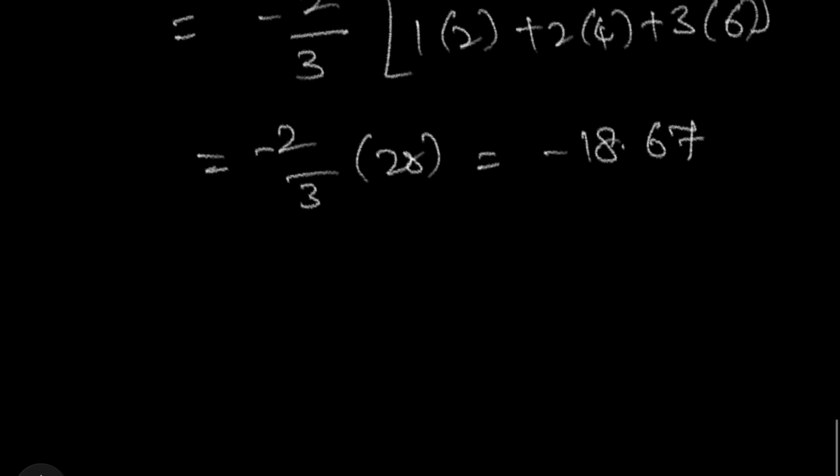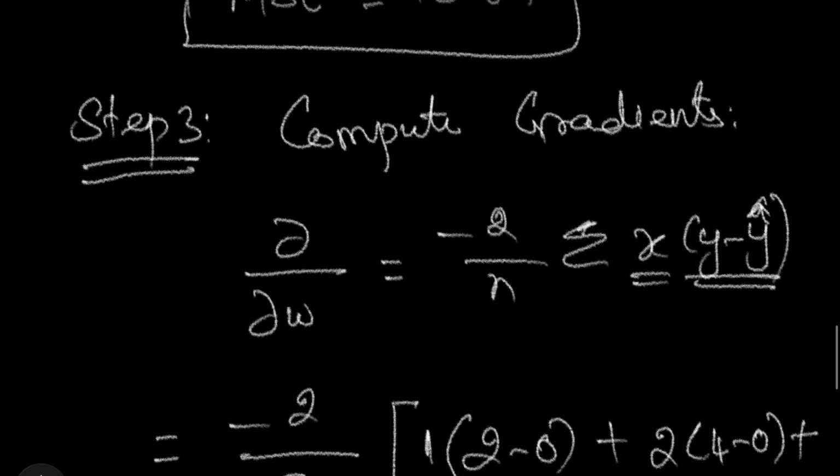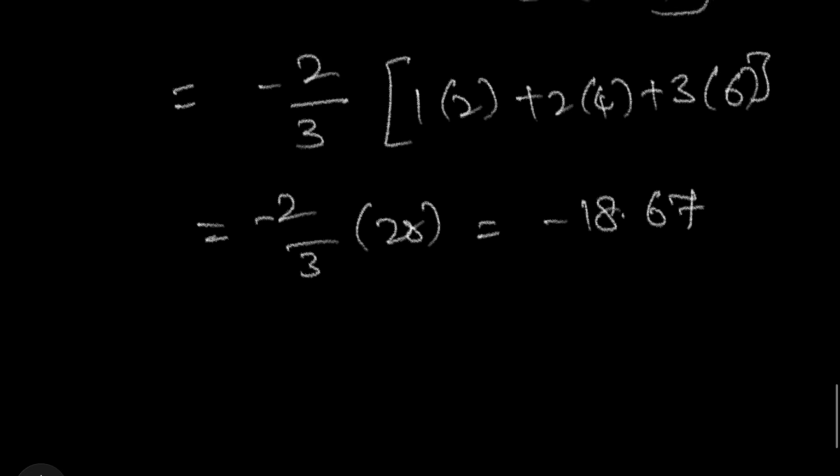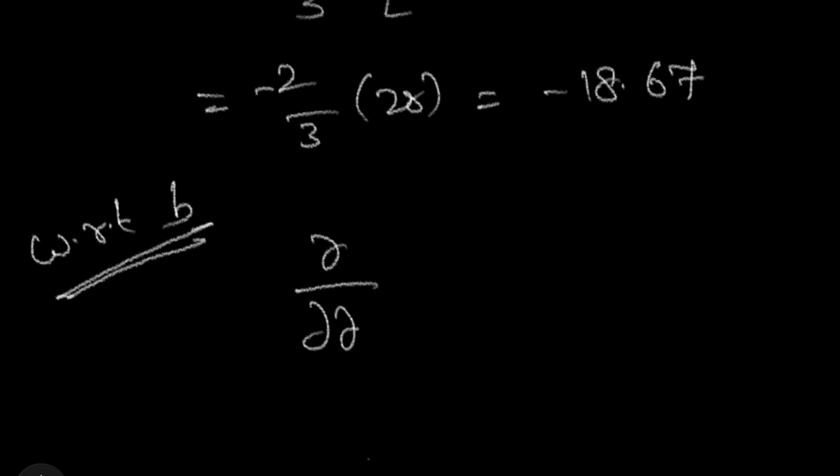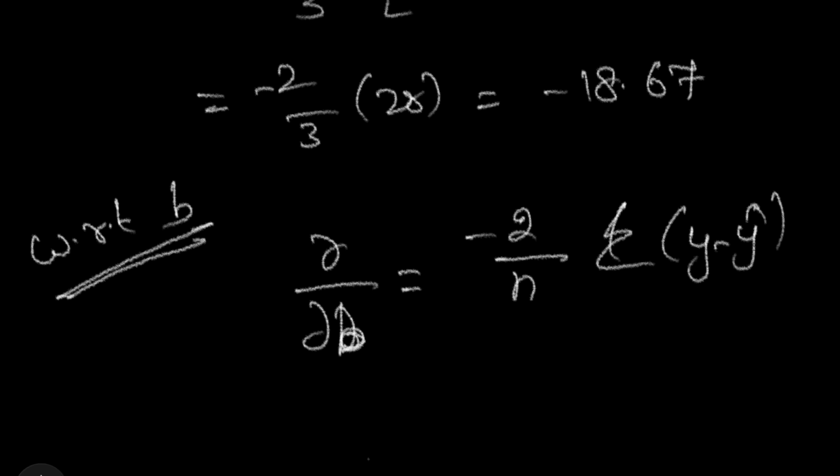This we have calculated with respect to w, the weight, and we have the other parameter called bias. With respect to b, the gradient equals minus 2 divided by n summation of (y minus predicted y).